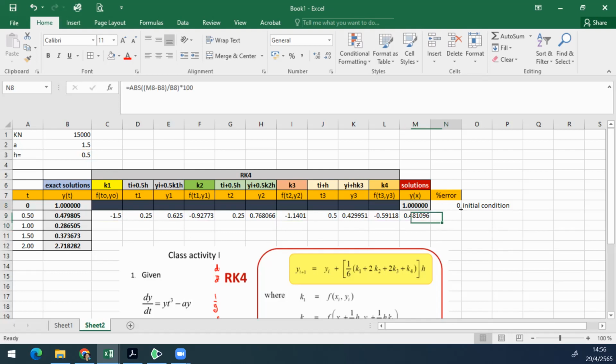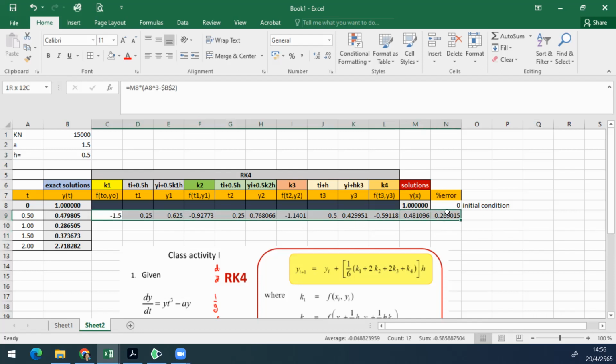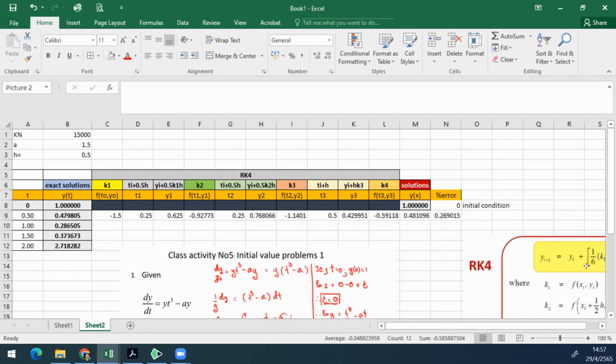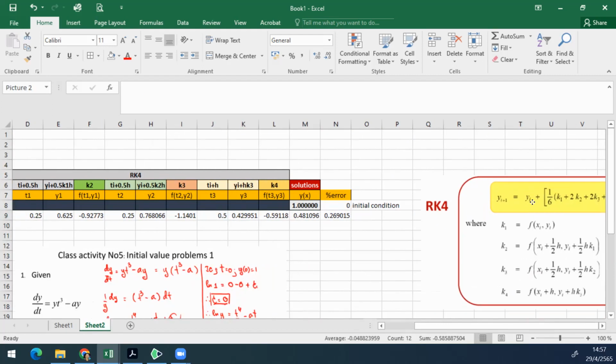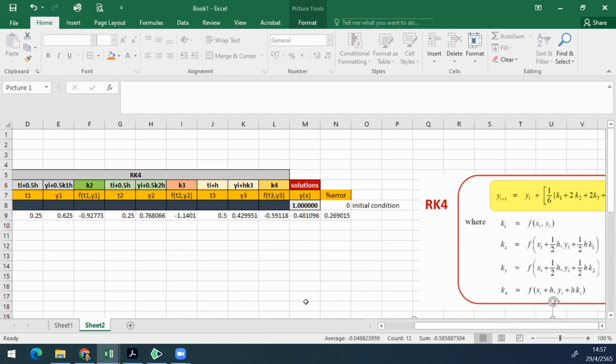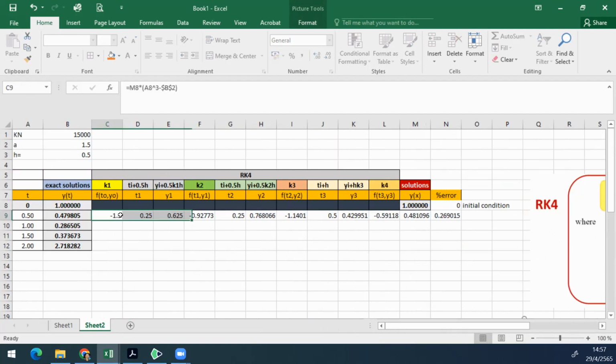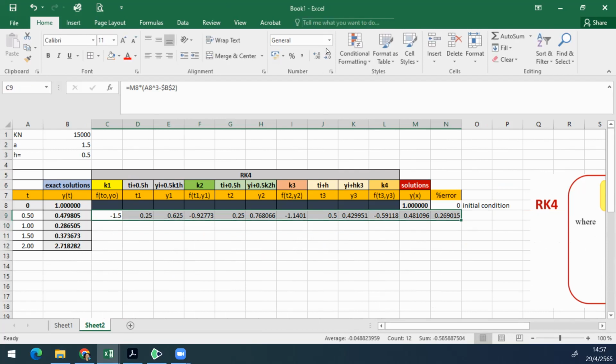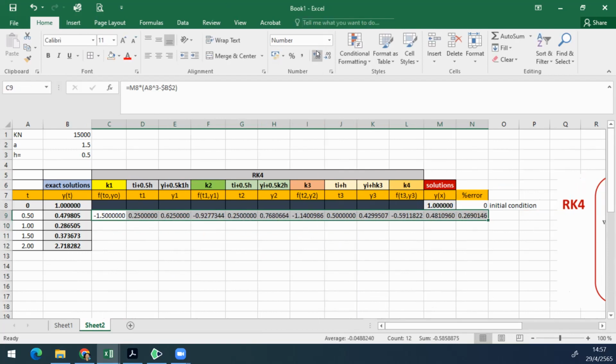And the percent error becomes like this. Do not forget to increase the decimal places to show us a good result. We should use at least 6 digits.